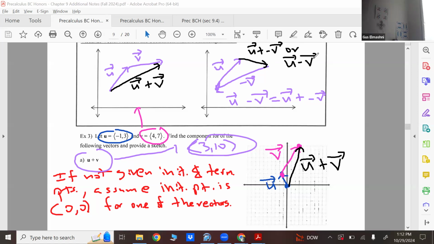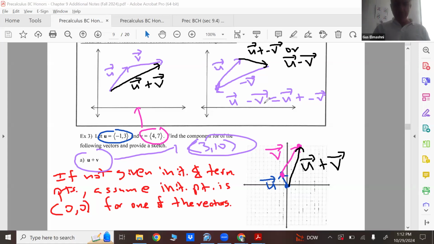Yeah, but we want u minus v. So you find negative v and connect it to u. Yeah, as long as you connect head to tail. Very important: connect head to tail. So it's the same thing as addition, but you have to reverse v and it's still connect head to tail. We'll see some examples in just a moment.